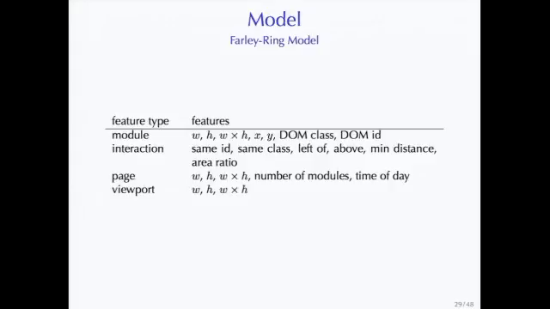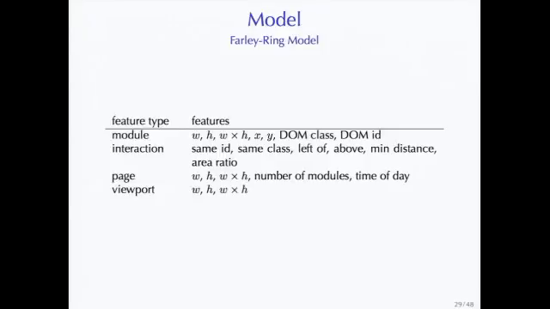So what is height, width, area, the DOM class. So is this something labeled as an algorithmic result in the DOM tree? The ID, which also contains some information about what's inside of the object. Notice here that we do not have any sort of image features. These features are all computed based upon properties of the HTML. This is only done because it's a little bit faster than doing real image analysis.